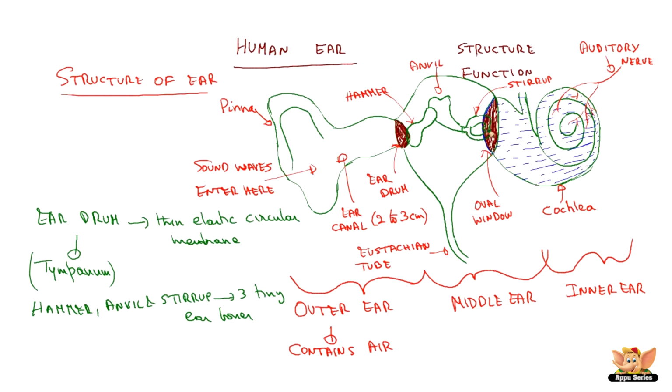The stirrup is attached to the oval window, and each of these bones is linked. The hammer is linked to the anvil, the anvil is linked to the stirrup, and the stirrup is held against the oval window.